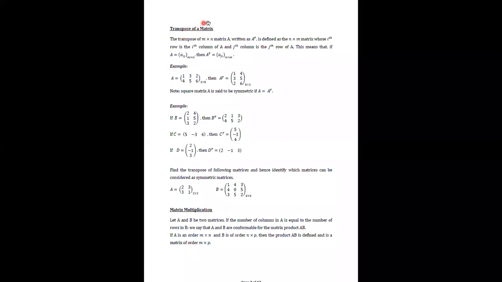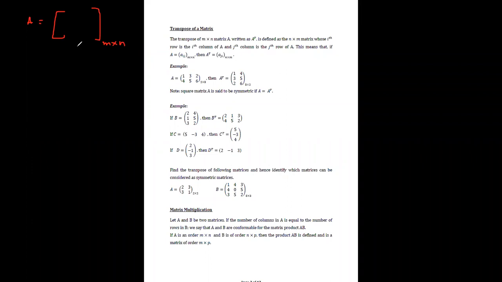If you are given a matrix of dimension m by n, it means that your matrix A has m number of rows and n number of columns. That is why we are getting this as an m by n matrix. Therefore, we are saying the order of this matrix is m by n.